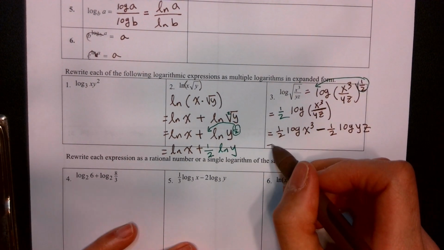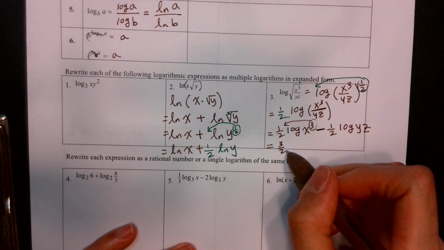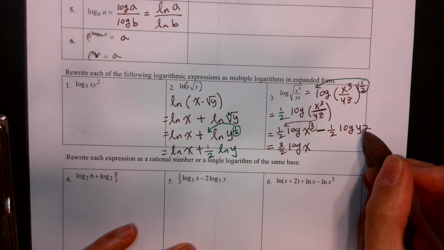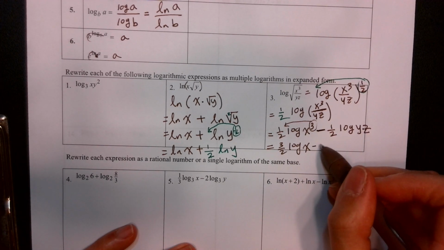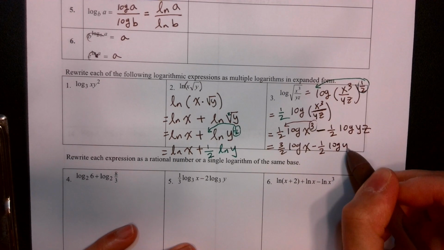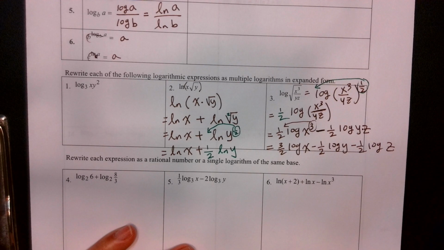Notice the negative. What can I do with that 3? I can drop that in the front. So it's going to be 3 halves log of x. Ooh, that y and z have a negative in the front, so I can distribute it. So negative half log of y minus half log of z. Make sure that negative half goes on both of them. So there's the answer.